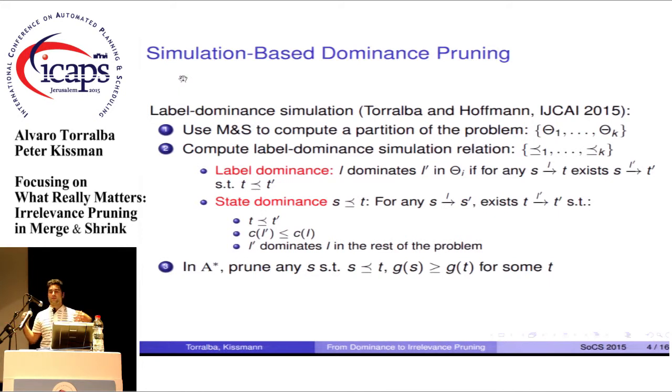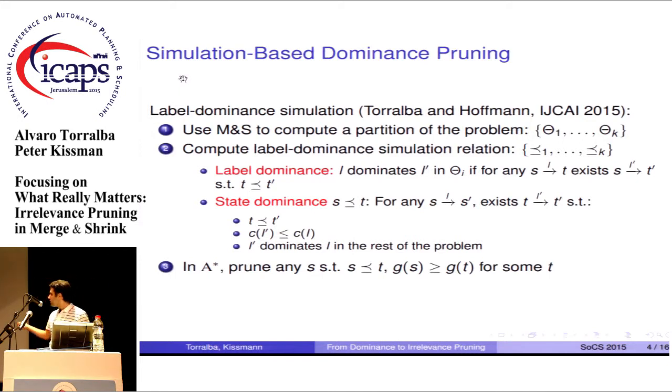On the one hand, it gives us a label dominance, which tells you whether a label is better than another in each of these partitions. And also, we have a state dominance, which tells you if a state is better in each of these partitions. For a label to be better means that everything that you can do with one label, you can do with the other. And for a state, everything that you can do from a state to reach the goal, you can do from the other.